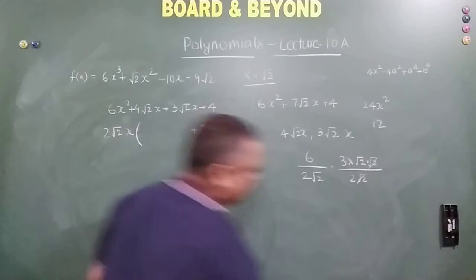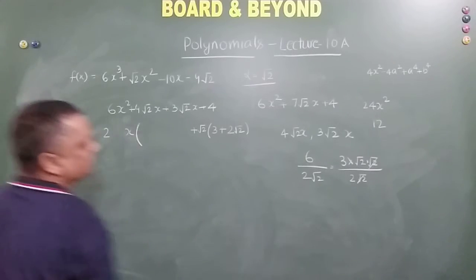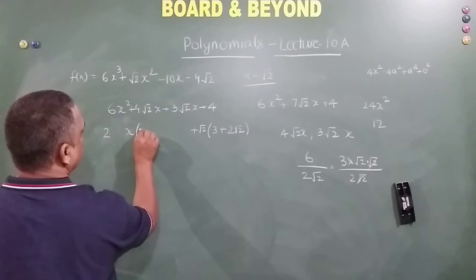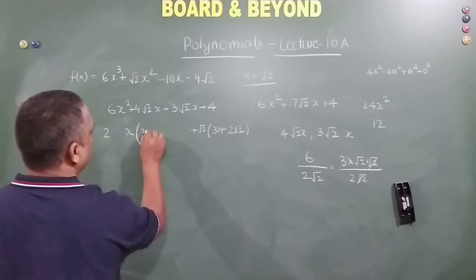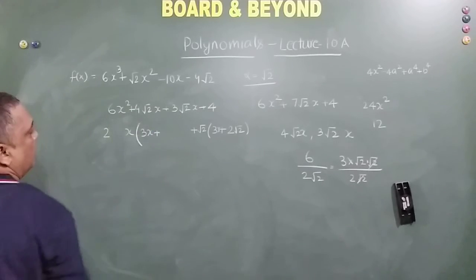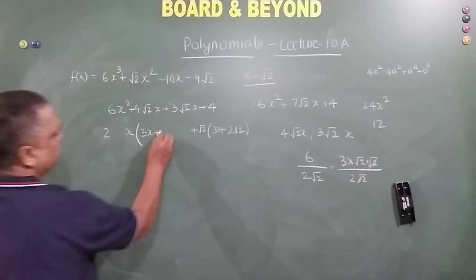So friends, do one thing: just take 2x common here. This leaves me with 3x here. 3x plus 4 root 2 divided by 2 is nothing but 2 root 2.